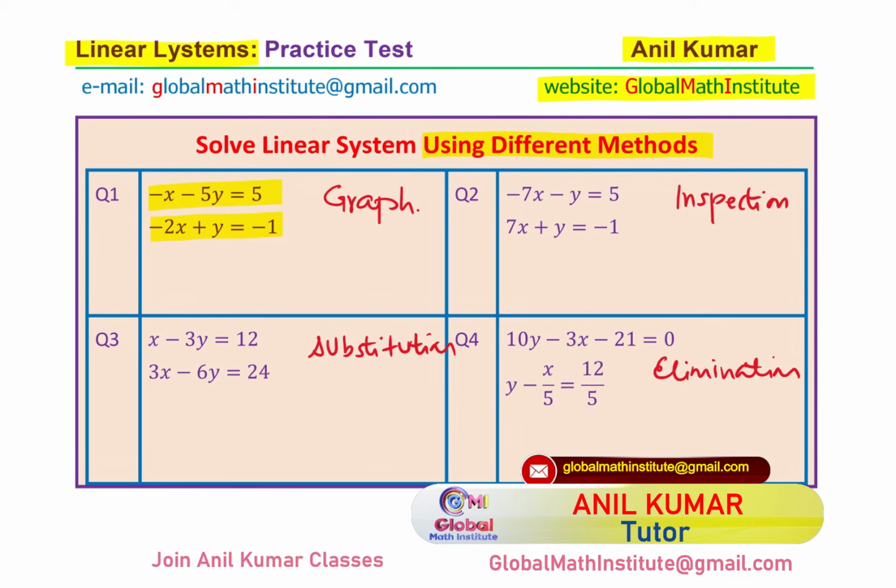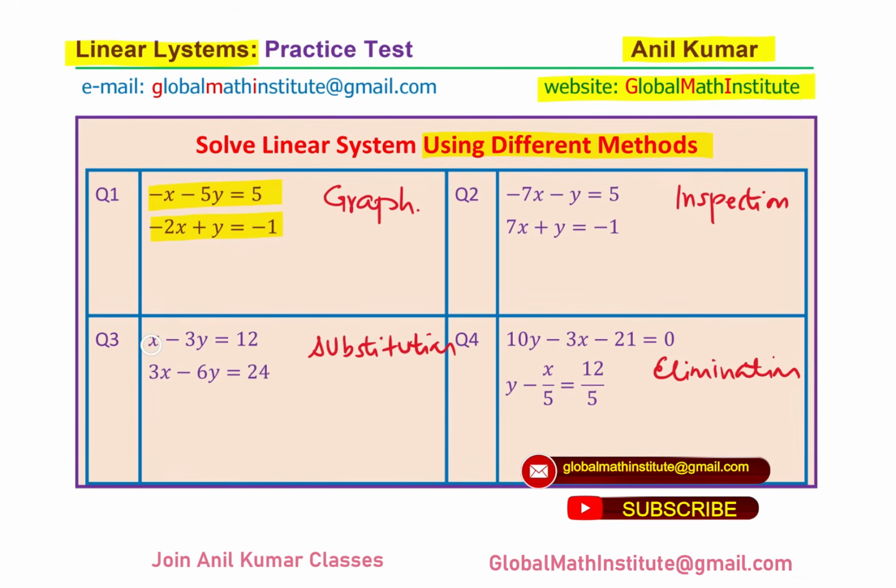So when fractions are involved, it is better to use the elimination method. You get the idea. So we'll go with the priorities. Fractions involved, elimination method. Substitution could have been used in any one of those, but for this one it is easy, right? X, we could isolate and then substitute.